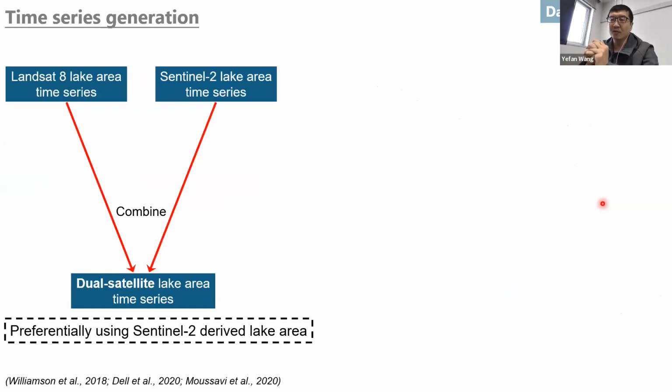Before I get the result, I will combine these two data sets together into a dual-satellite lake area time series. So do these two data sets map the lakes the same?